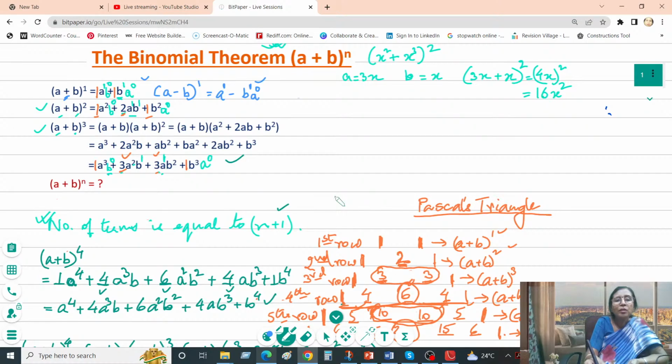But what about a minus b raised to the power of 2? For this I am not multiplying, I am using the identity. You can multiply a minus b times a minus b and you will see that you get this expansion: a to the power of 2 minus 2ab plus b square.